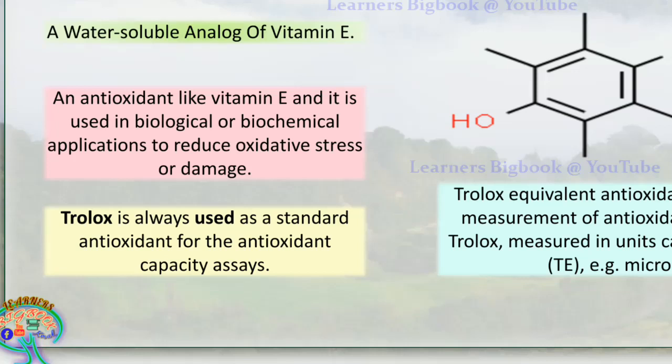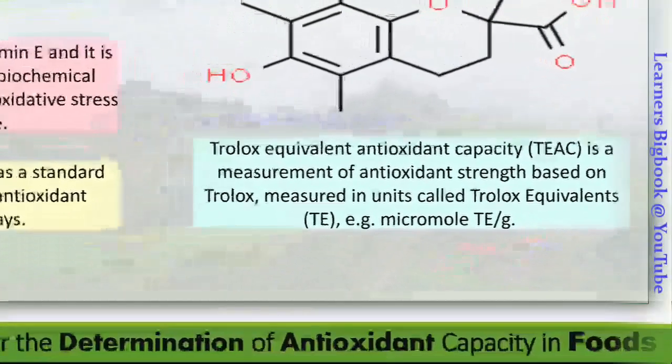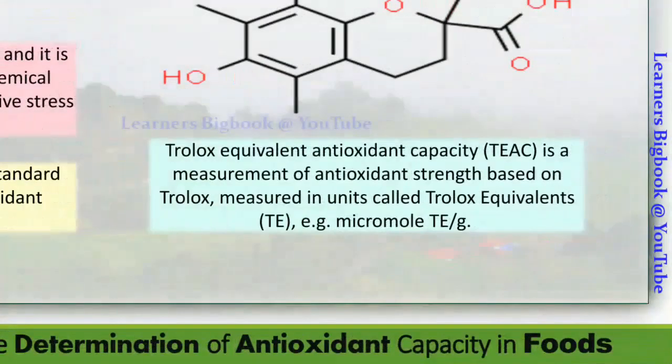Now here further, Trolox equivalent antioxidant capacity is a measurement of antioxidant strength based on Trolox, measured in units called Trolox equivalents. Now here, what is this Trolox equivalent?